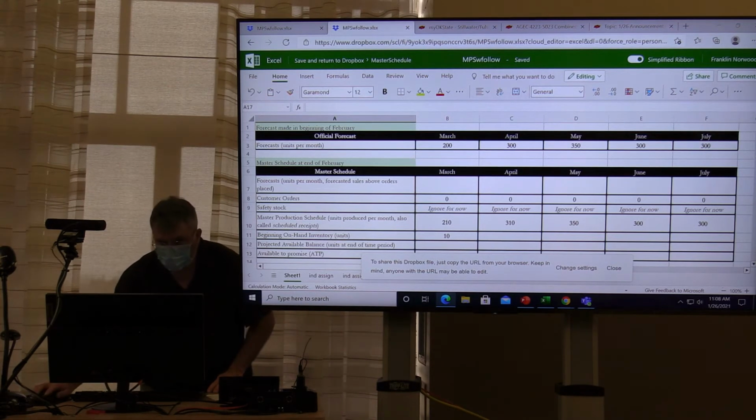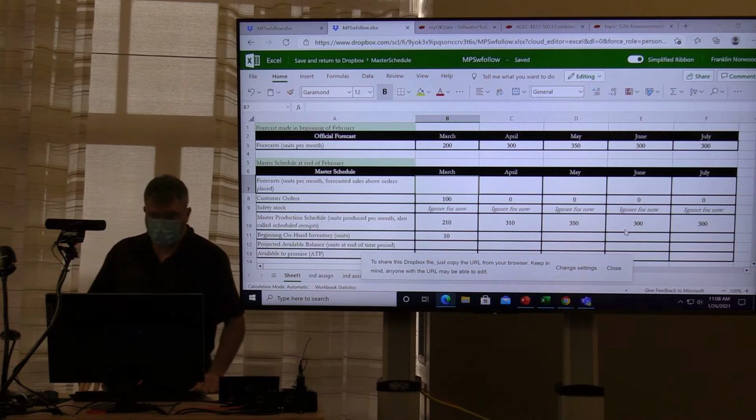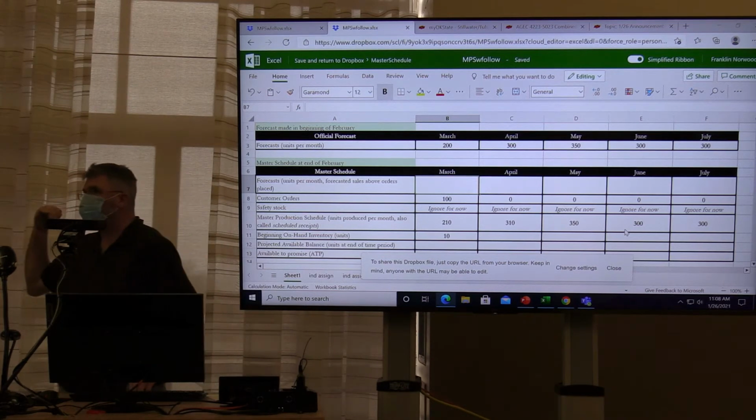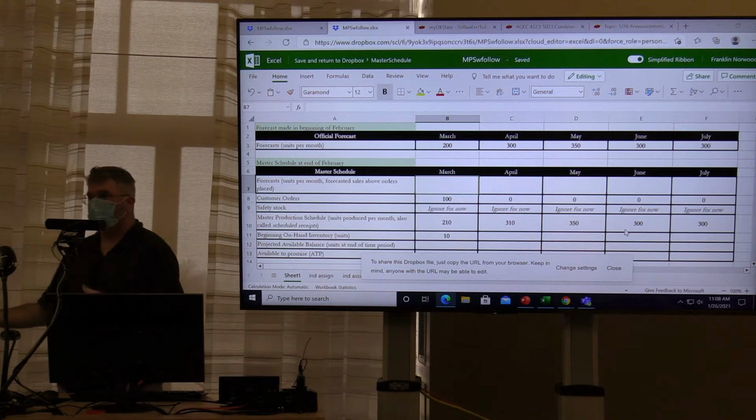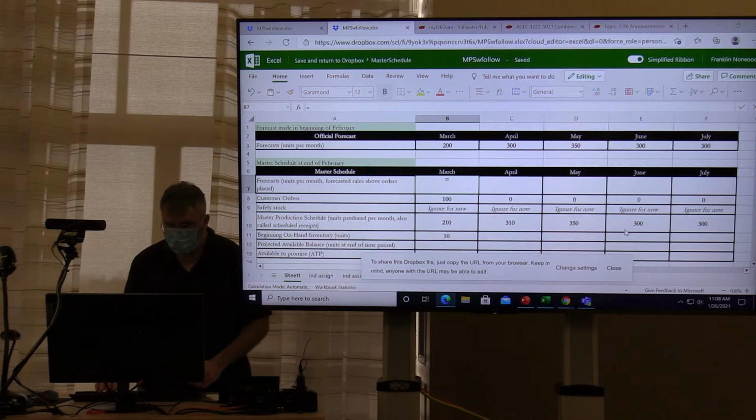But now, in this problem, we know that someone put in an order for 100. So we want to consume that forecast. We said we were going to sell a total of 200 units. Someone's already ordered 100. And so the forecast we put there is just the original forecast minus orders, 100.